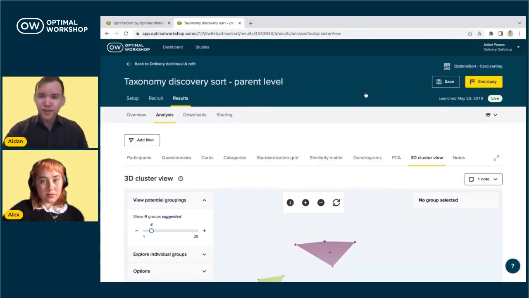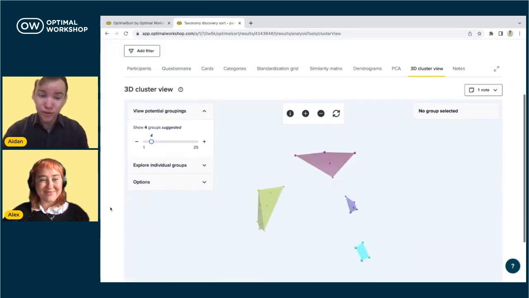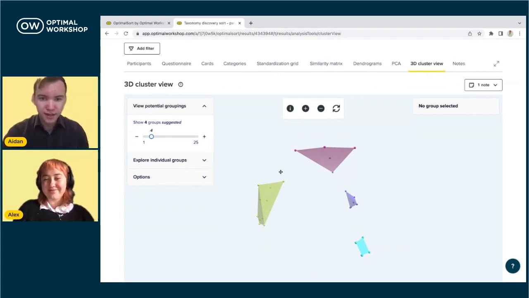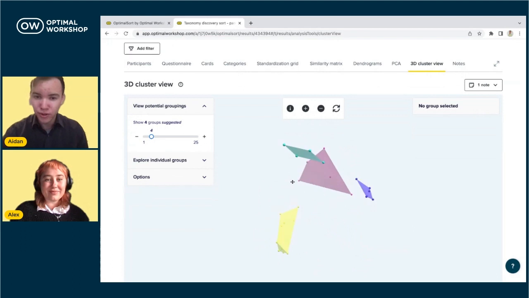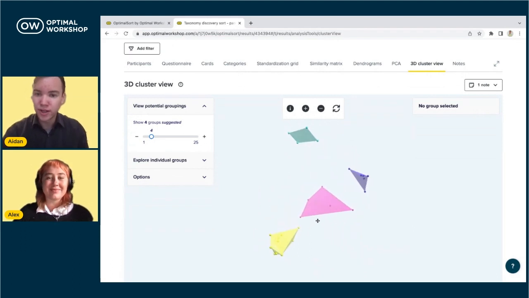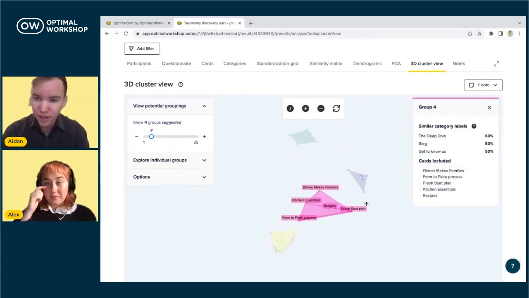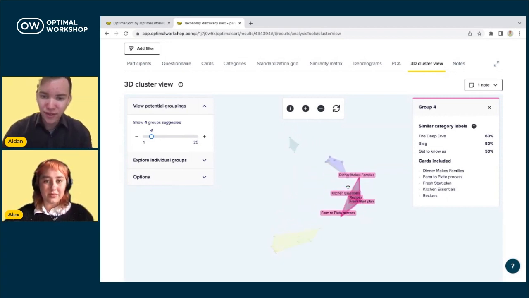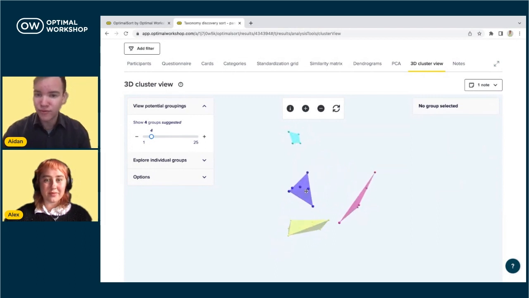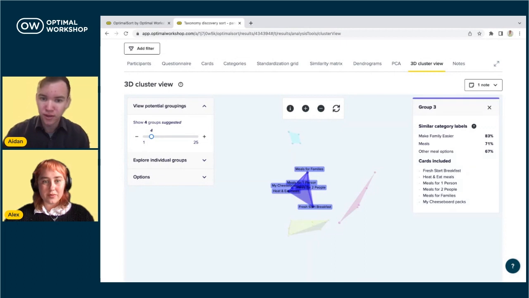And jumping into the 3D cluster view, which is my personal favorite to explore the real depths of IA, this is where the similarity matrix is two-dimensional. 3D cluster view is, of course, three-dimensional. And so the cards that you've had in your card sort are plotted as dots, and then shapes form around these dots where the dots are close together based on their relationship and their affinity.